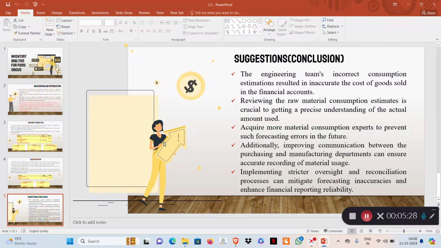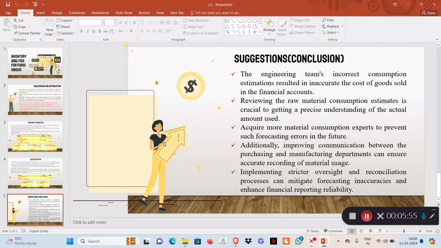Now, this is the last part of the PPT, which is the suggestions, or we can say conclusion. The engineering team's incorrect consumption estimates resulted in inaccurate cost of goods sold in the financial accounts. Reviewing the raw material consumption estimates is crucial to getting a precise understanding of the actual amount used.